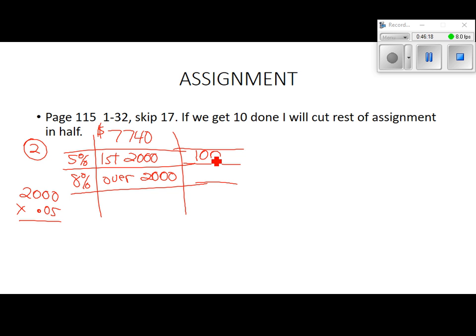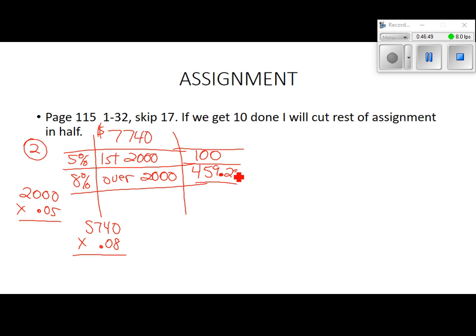Over 2,000. We're gonna take 2,000 away from 7,740. So 5,740 times what? 0.08. Be careful when you say that. What's that come up to be? $459.20.